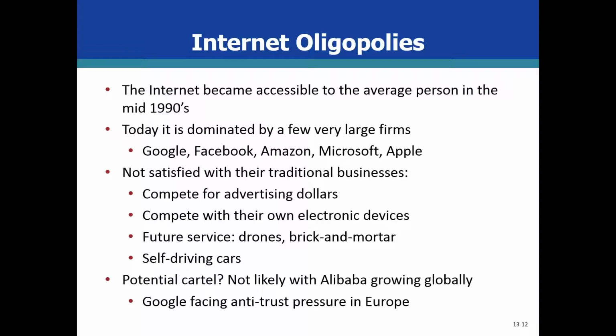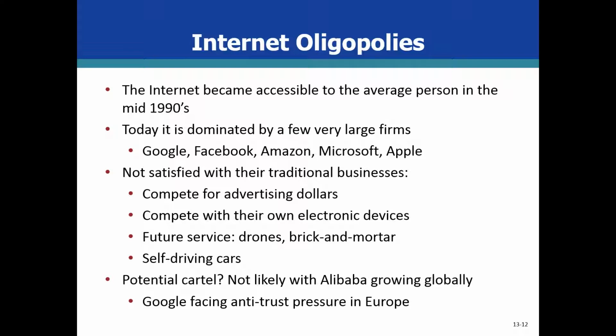Alibaba, the huge Chinese product supplier, is a powerful Amazon competitor, and Samsung continues to innovate to keep pace with Apple. Competition is not sleeping, and governments are always watching for uncompetitive behavior.